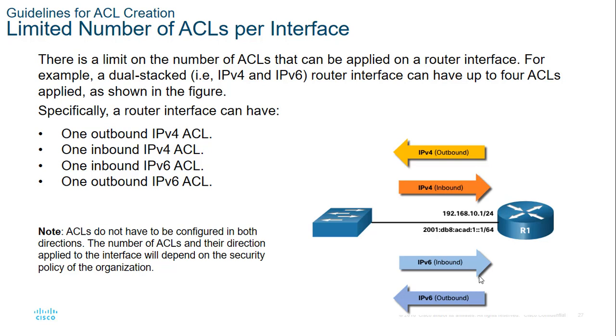Typically, you just want to think of it this way: one ACL per interface, per protocol, per direction. So, one outbound, one inbound for IPv4 and version 6. I can do an ACL going in and going out for IPv4, and I can have an ACL on that same port going in and out for IP version 6. Can't get any more simple than that when we're looking at an ACL.